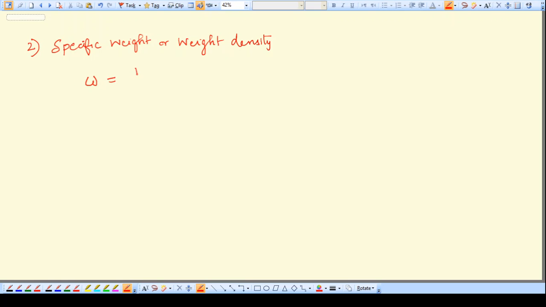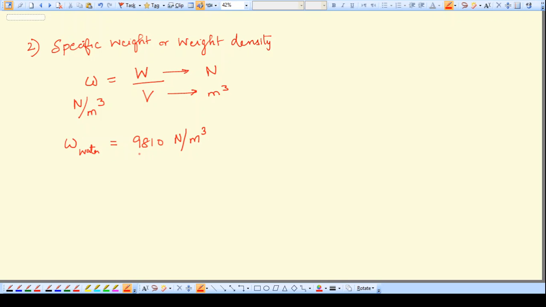Specific weight is equal to weight per unit volume. The unit of weight is Newton and the unit of volume is meter cube. So the unit of specific weight is Newton per meter cube. The specific weight of water is 9810 Newton per meter cube.